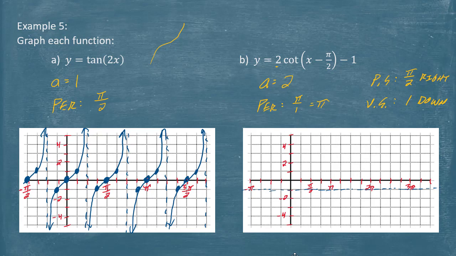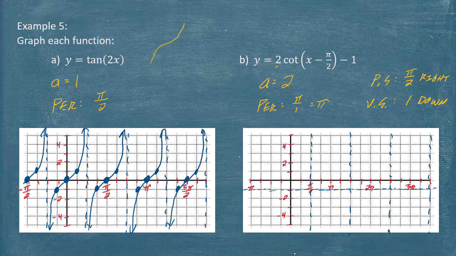It would still be at the y-axis, but then the pi halves to the right actually does change that. Now, ultimately, I've made it every 4 lines is the same thing as a period, so I'm just going to go 1, 2, 3, 4 lines later and draw the same thing since it is periodic. So every 4 lines now, 1, 2, 3, 4, it's going to be another vertical asymptote until I run out of grid going each direction.